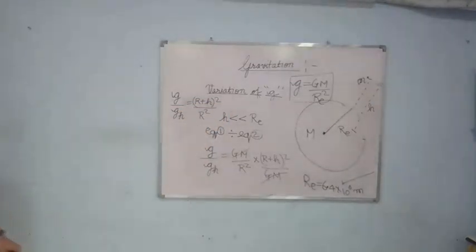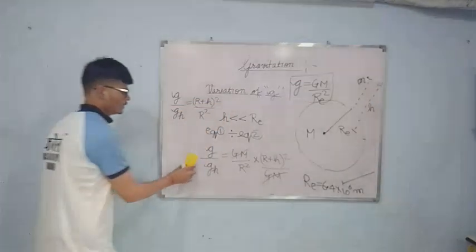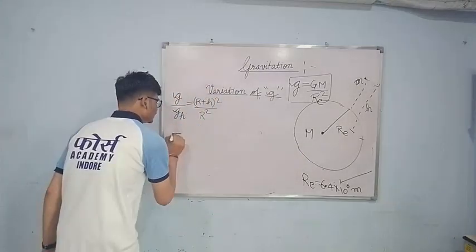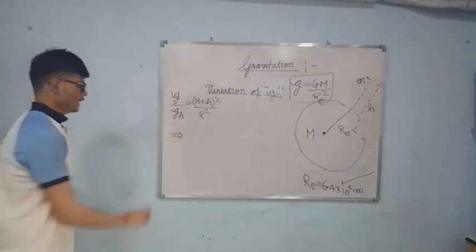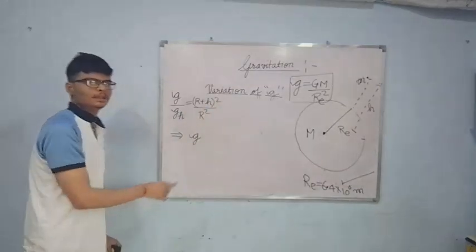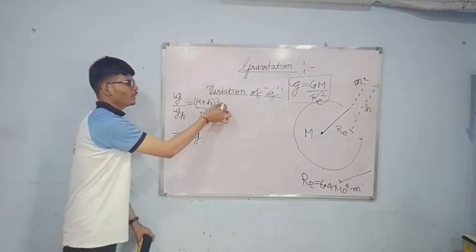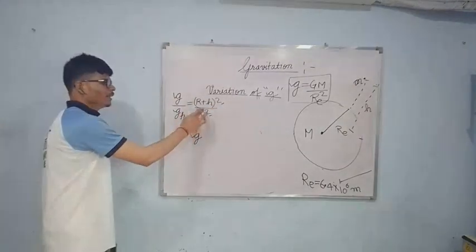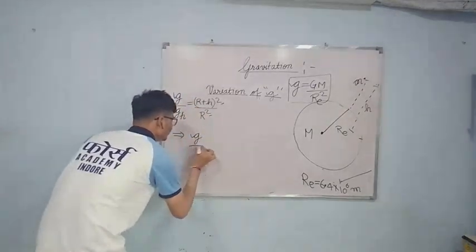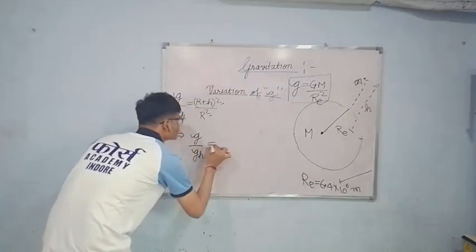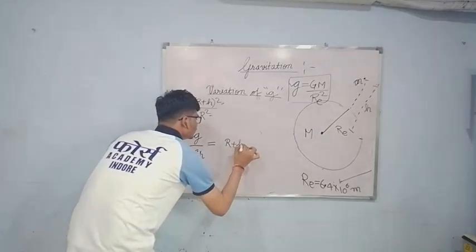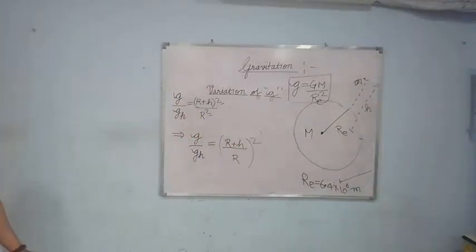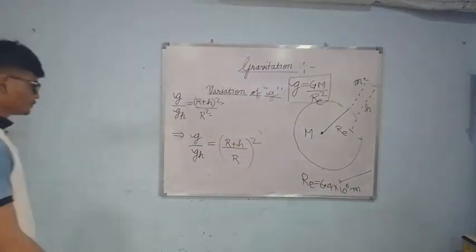We take 2 as the degree from numerator and denominator both, so g by g_h is equal to (R plus h by R) whole square.